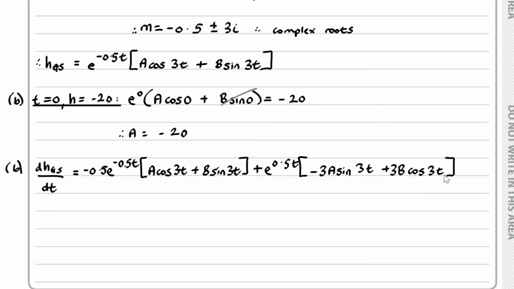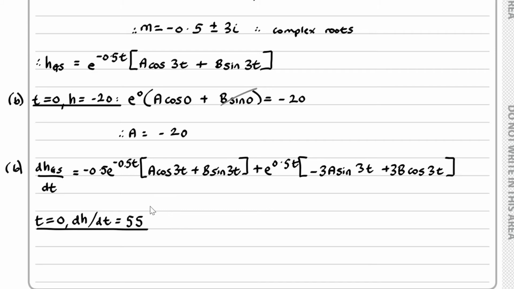It's a fairly standard thing to work out. Now we know that when t equals 0, dh over dt is equal to 55. It's moving upwards at that speed.